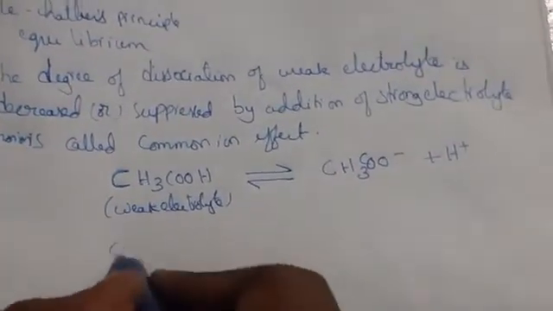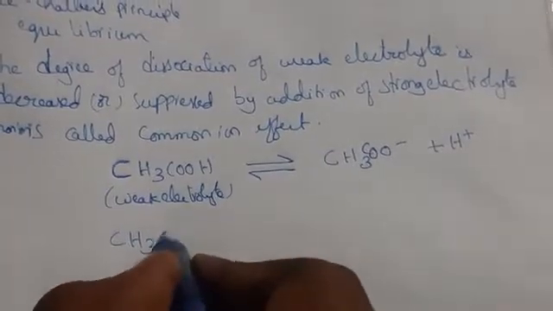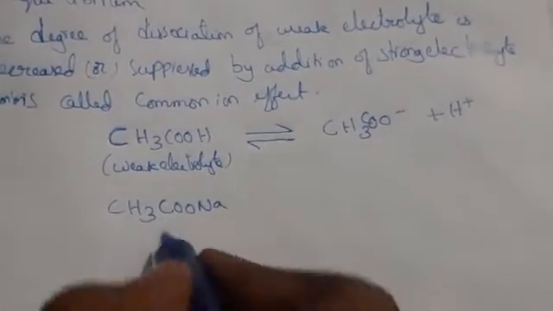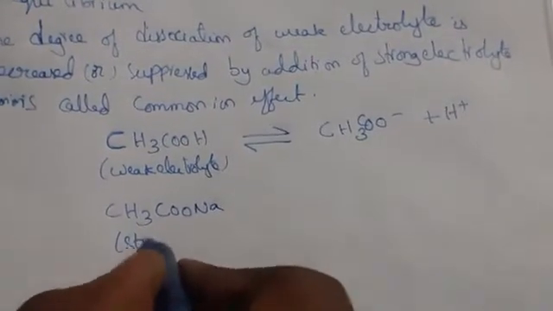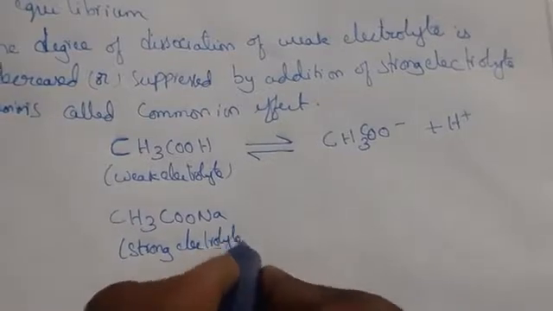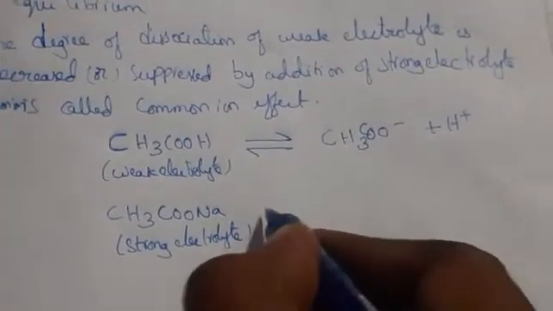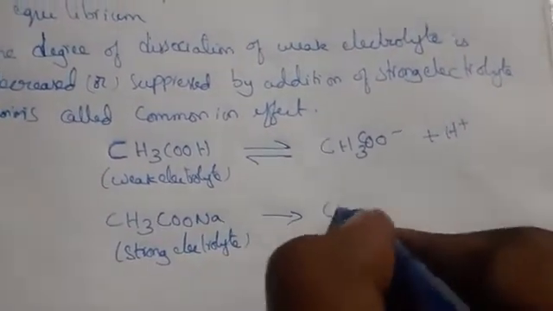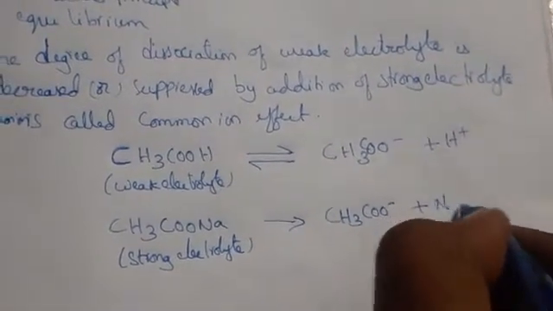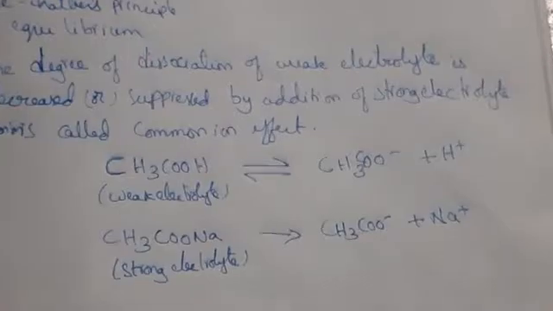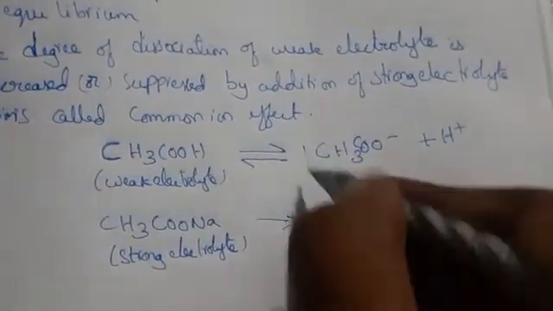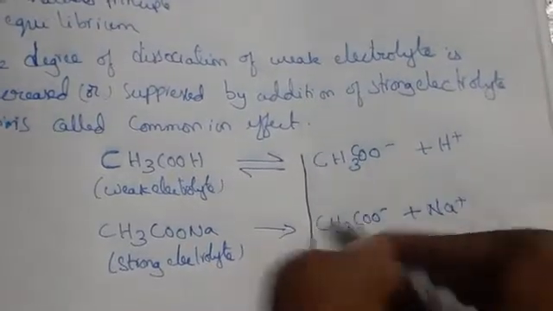Next I am taking the sodium salt of acetate, which is a strong electrolyte. It is dissociated into CH3COO minus plus Na plus. If you observe, what is common in these?